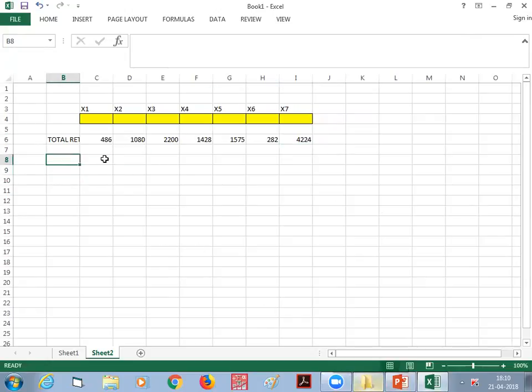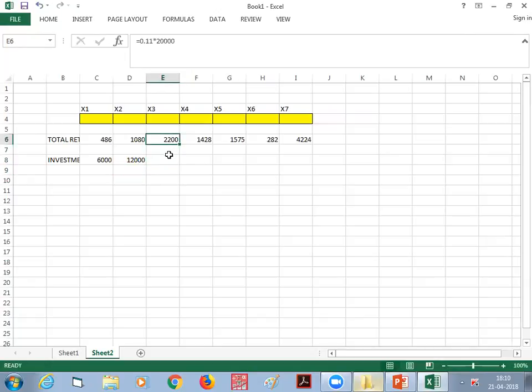Total investment. Okay, so this was I think 6,000. This was 12,000.